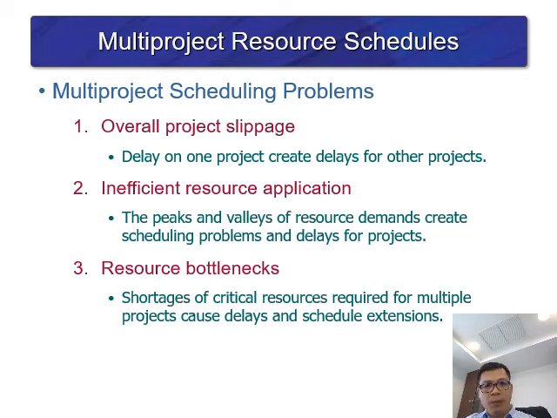When managing multiple projects, these three might happen all the time: delay, resource overload, lack of resource, or sometimes the resource is not managed very well. One most important part is the bottleneck, which is the shortage of a critical resource required by multiple projects.